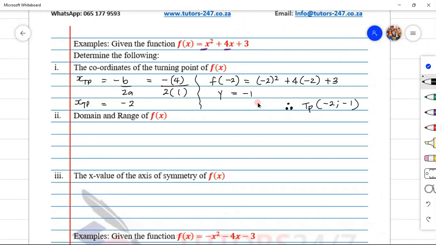Now, if we want to find the domain and range of our function f, keep in mind that because our function f is not restricted, our domain is going to be x an element of real numbers.